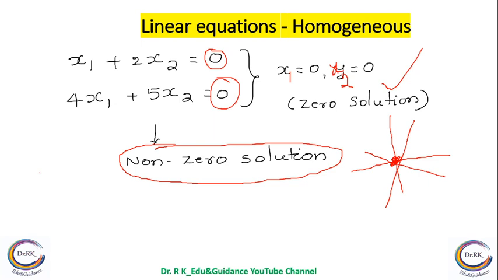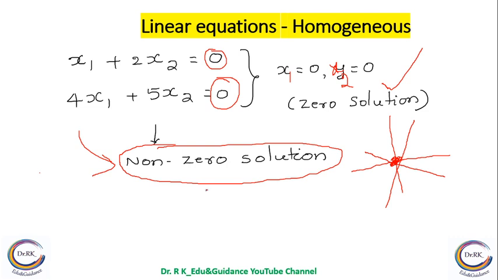A non-zero solution means, for example, x1 equal to 2, x2 equal to minus 1, which in this case possibly may make the equation 0. So whenever we solve a homogeneous system of equations, we are trying to check whether the given system has a non-zero or non-trivial solution.